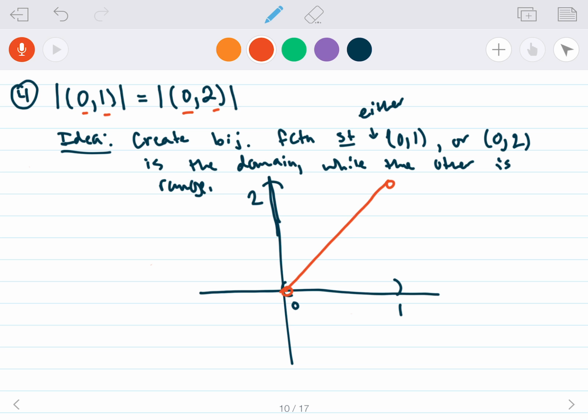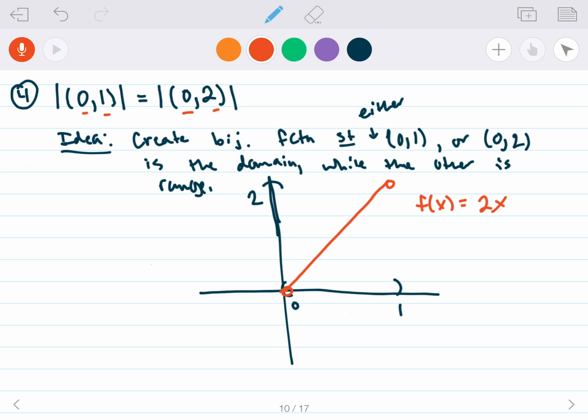Well, you know from pre-algebra that this line here has a slope of 2 and a y-intercept of 0. So this line is just 2x. And that's the bijection we're looking for.